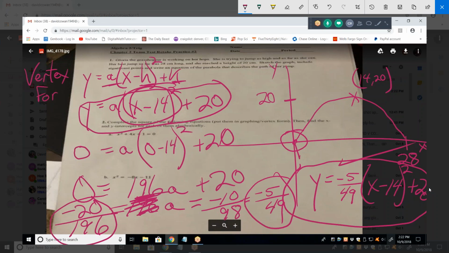It doesn't matter what x you want to pick. Let's say you pick an x of 2. Well, what would its height be? You plug in 2 for x and you figure out what y is. So this is the equation of that motion at all times. All right.